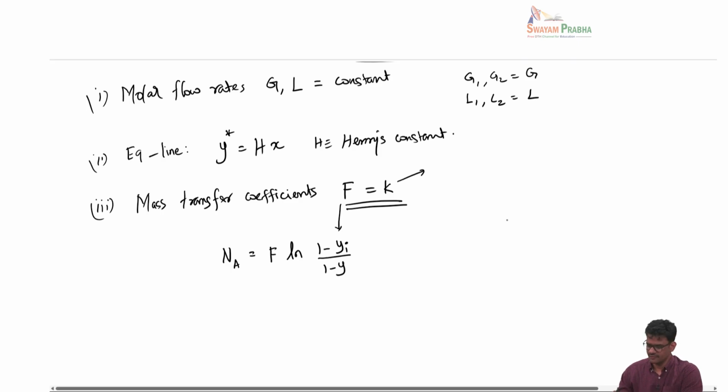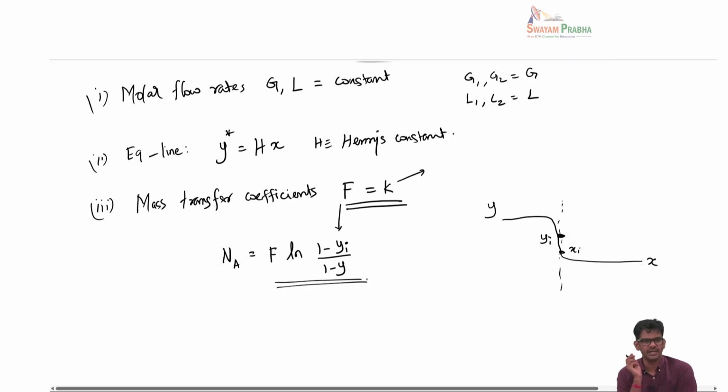Okay, so here we are talking about a two-phase mass transfer like this. So this is an interface, this is y, and you can have yi here. So this is x, and you can have xi here, right? So here this is the mass transfer rate for A diffusing through non-diffusing B with the F type coefficients.